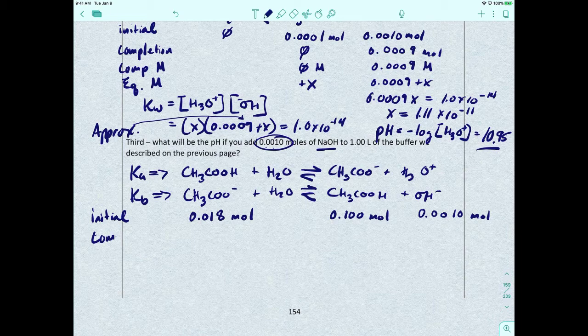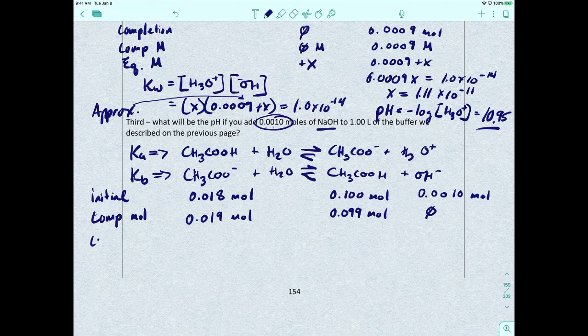So at completion, we're going to have no hydroxide left. But if we subtract out the 0.001 from the acetic acid, that would give you 0.099 moles of acetic acid. And because we're adding, on the other side we would be adding 0.019 moles of acetate ion.